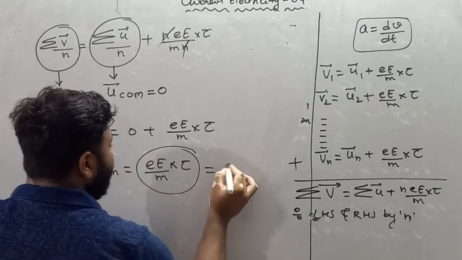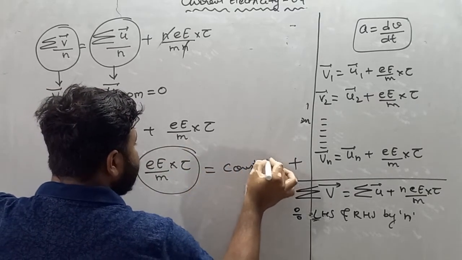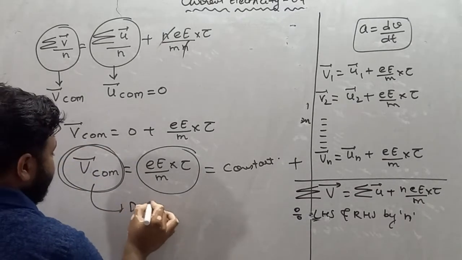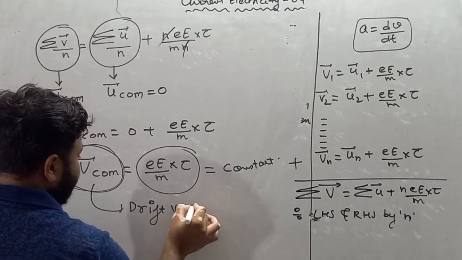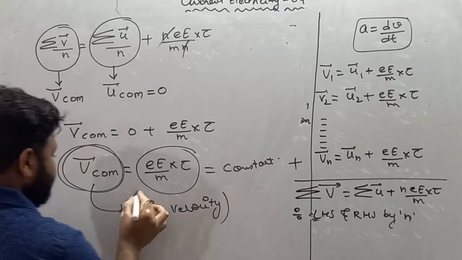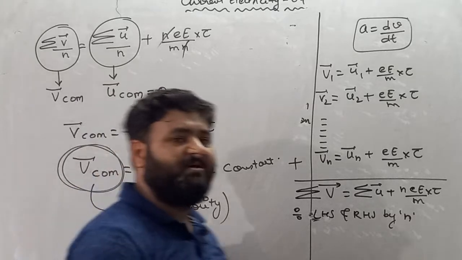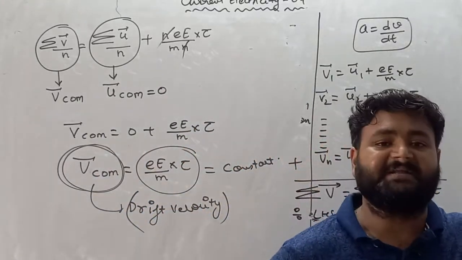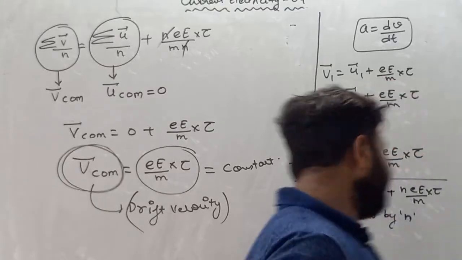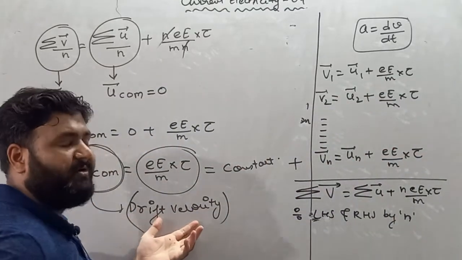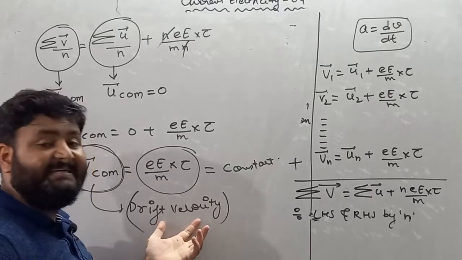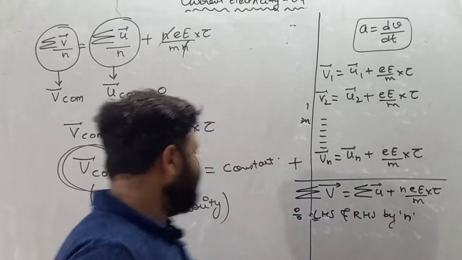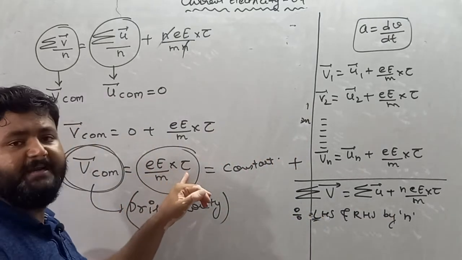This value is also constant, my dear student, and remember, this velocity is considered to be the drift velocity. This velocity, that is the average final velocity of free electrons after connecting the battery, is called drift velocity. So the drift velocity of free electrons present in the conductor, achieved after connecting the battery, is E by m into tau.